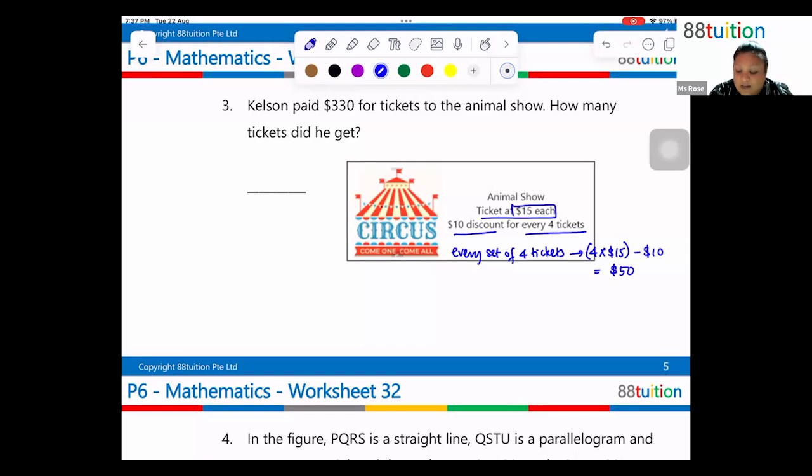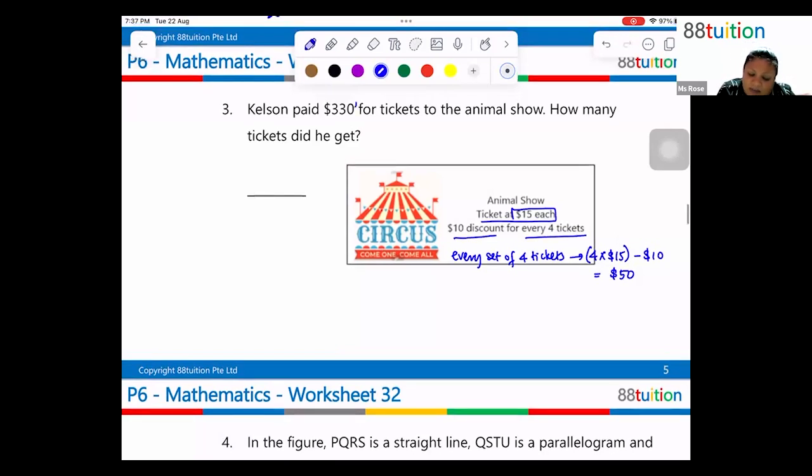So of course, you want to buy sets, isn't it? Because for every set, you will be able to save $10. Now, if Kelson paid $330 for the tickets, to find out how many tickets he bought, we need to first find out number of sets of 4 tickets that he bought.